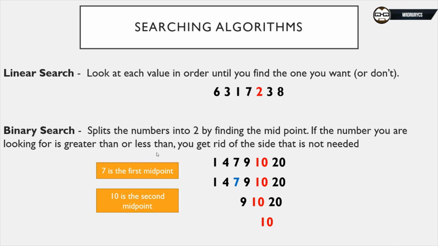Binary search. A little bit more complicated, but binary search will split the list into 2 by finding the midpoint. If the number you're looking for is greater than or less than the midpoint, you get rid of the side that's not needed. So we're looking for number 10. Now, the midpoint is going to be 7. The reason why is you should know that lists start from 0.